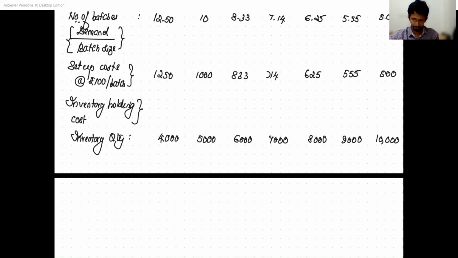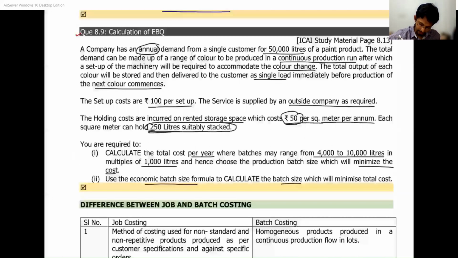Then next, how much space is required? Not square feet, square meters. So 4,000 is your inventory, and each square meter can hold 250 liters.